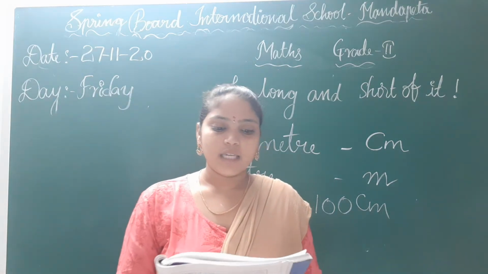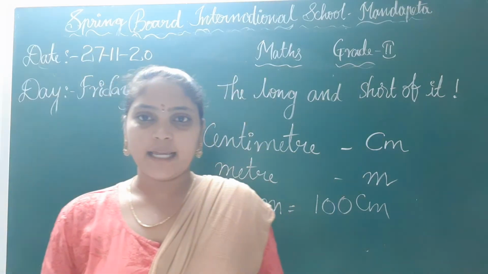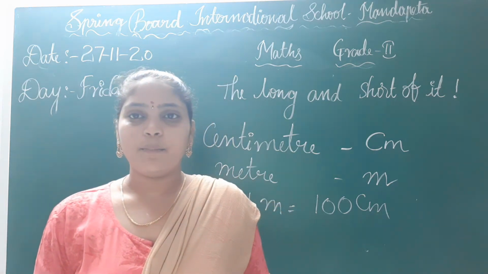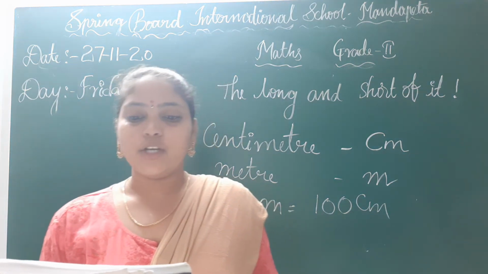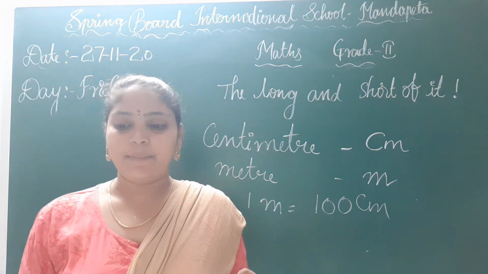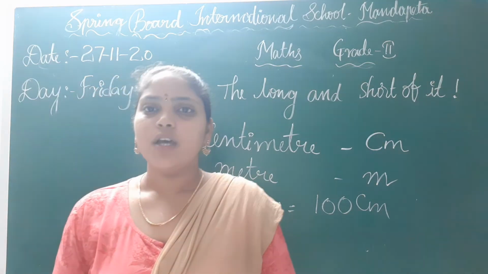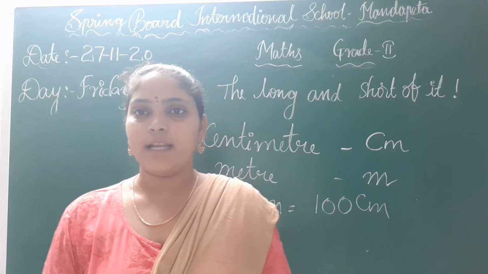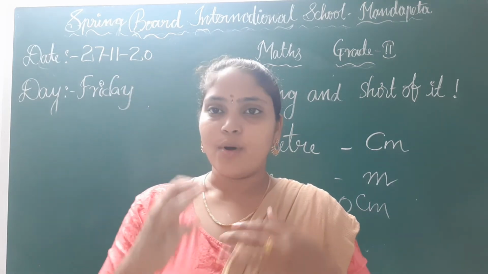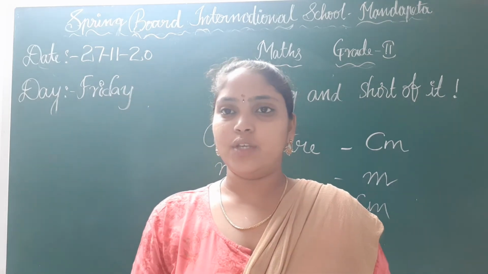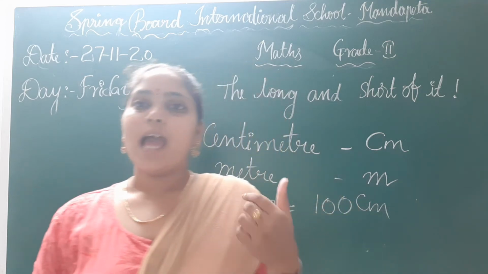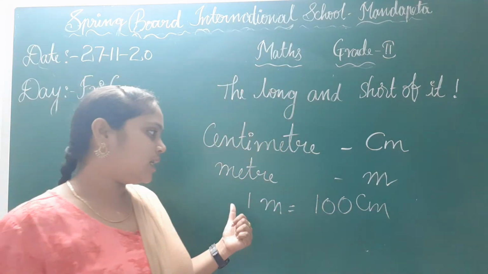Okay, and now open page number 98, children. 5.6. Things that you would measure in meters and things that you would measure in centimeters. So what do you have to do, children? We are measuring smaller objects using centimeter, and longer objects we are using meter.